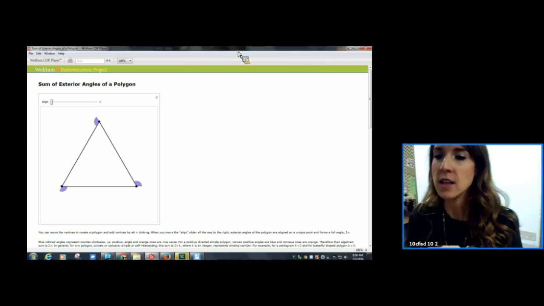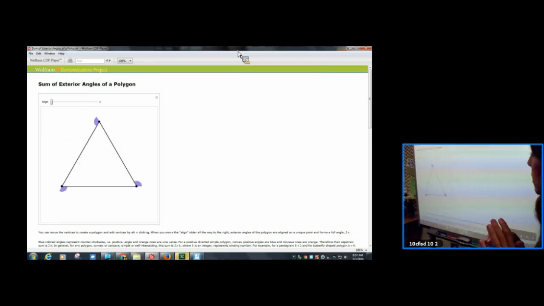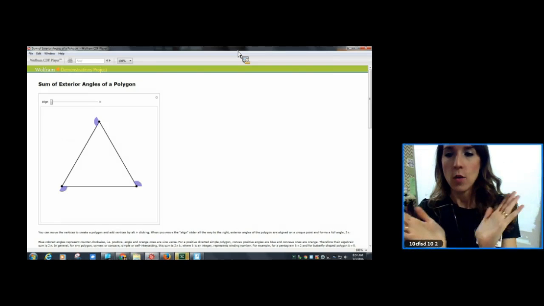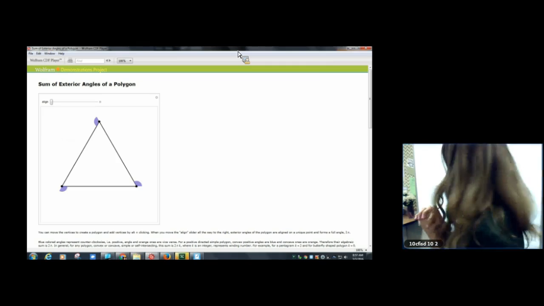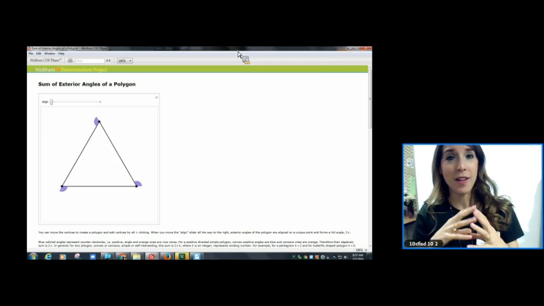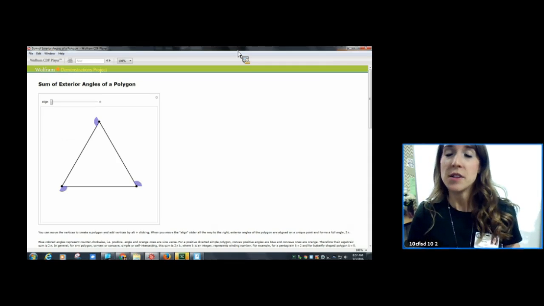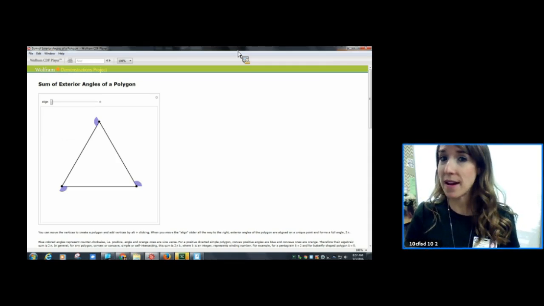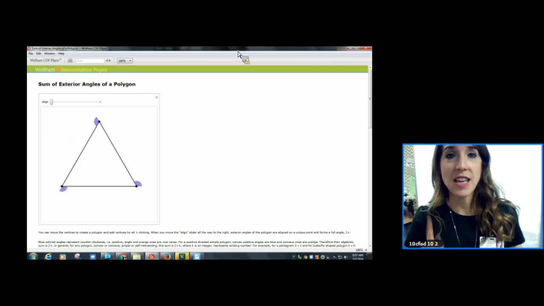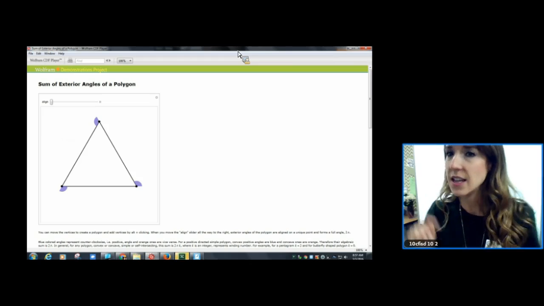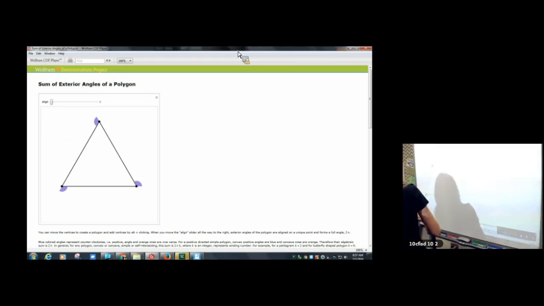Those purple arcs, the fan, represents the measure of an exterior angle. Now, when I make the shape bigger or smaller, it's going to be a similar shape, right? So as I shrink this shape, it is not going to change the angles. It's going to change the sides. So watch what happens.